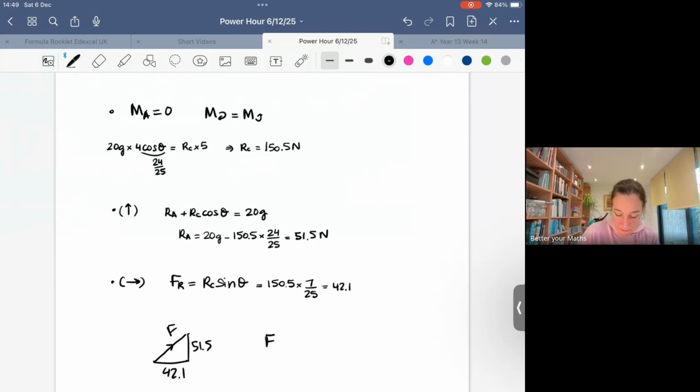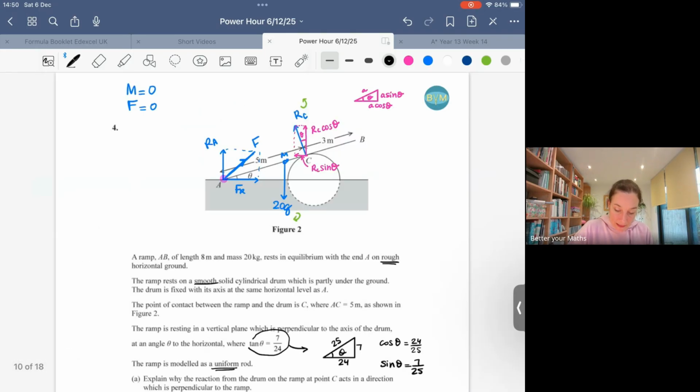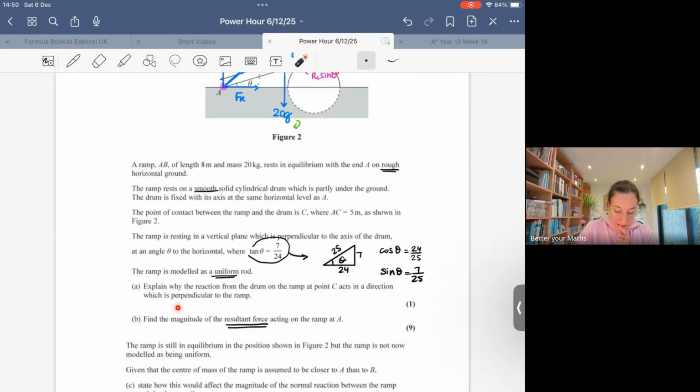So F is going to be the square root of 51.5 squared plus 42.1 squared, and that is 66.5 newtons.